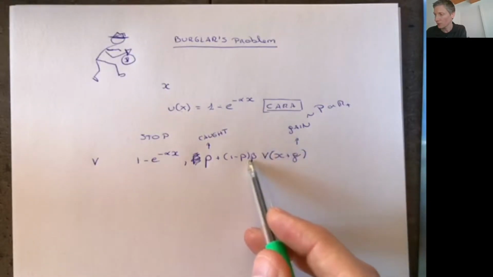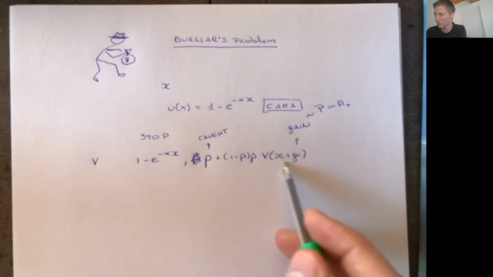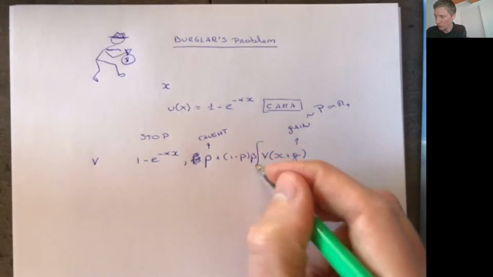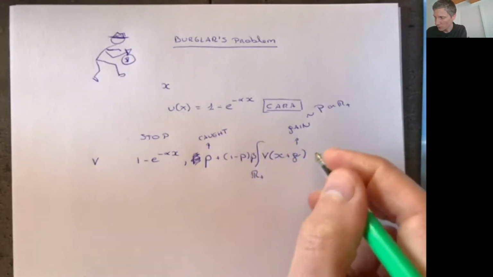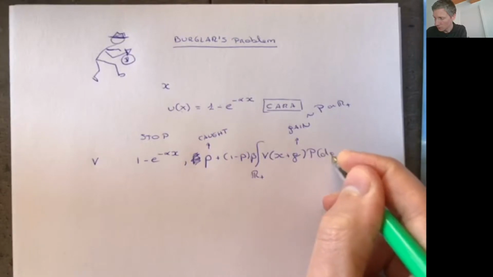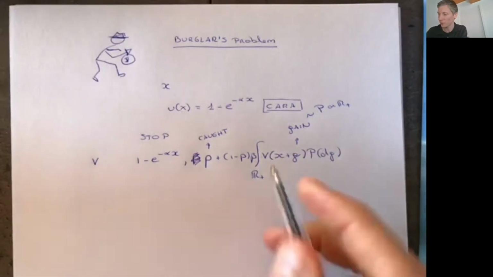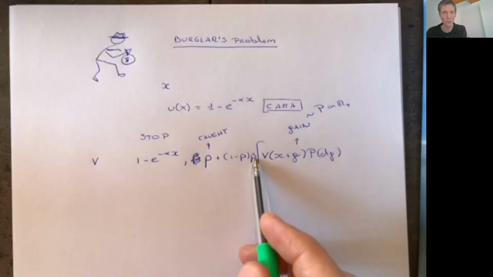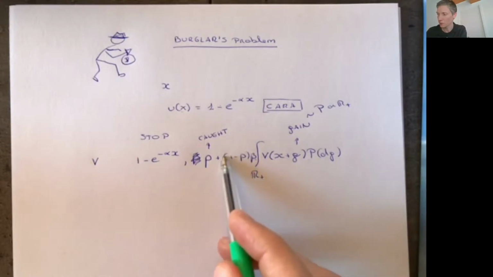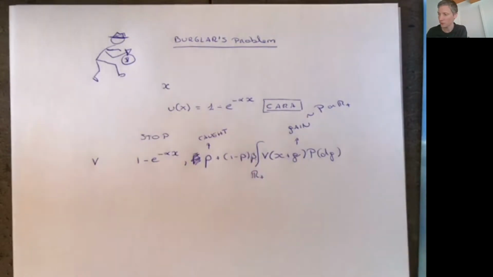So we have to take the expected value tomorrow, integrating over R plus with respect to p of dg. This is the expected value tomorrow, discounted by beta, and it only occurs with probability 1 minus p that he doesn't get caught.